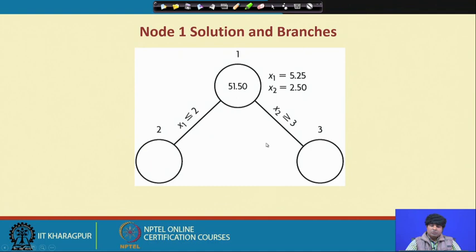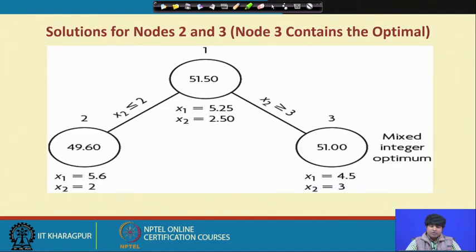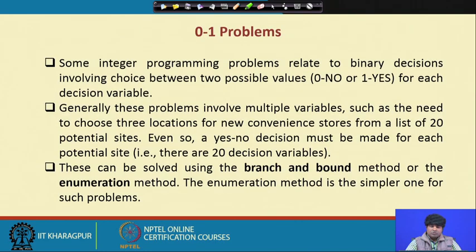One is less than or equal to 2, another is greater than or equal to 3. Then again we have a solution, and this is what is called a mixed integer solution. Whatever we have discussed till now is integer type solution, mixed integer type solution, and completely non-integer type solution. That means we have three different situations: pure integer, mixed integer, and completely non-integer.